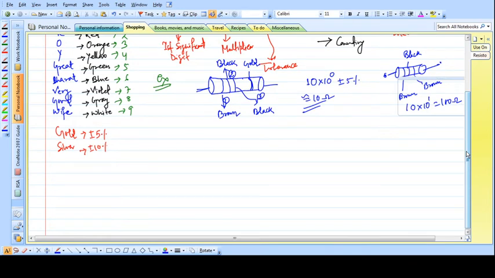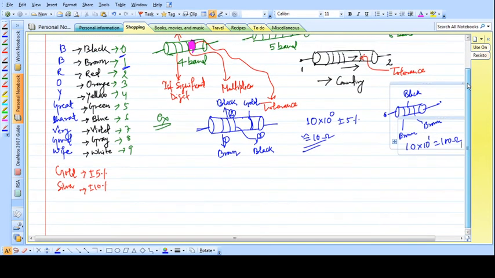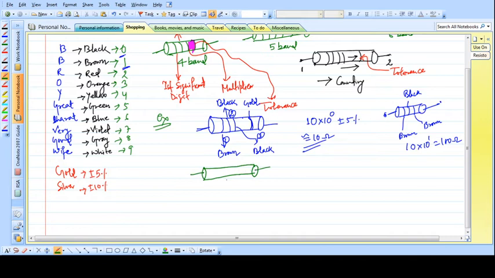Okay, we can go for one more example. Suppose this is some resistance in which there are some bands.